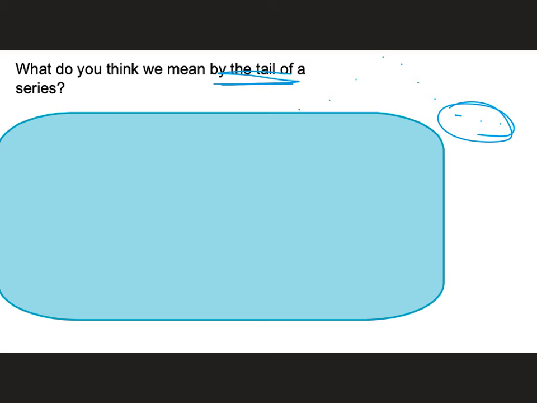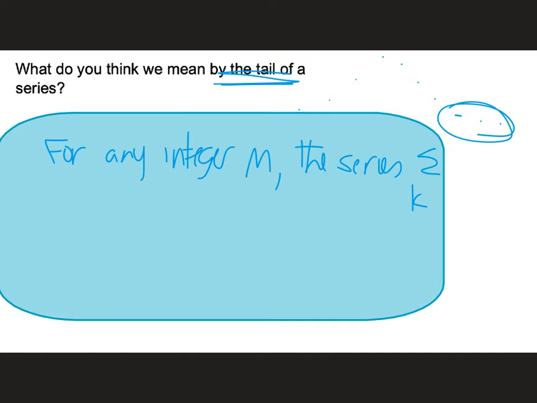So how your book talks about it is, for any integer, and they use the letter M, the series. So the series, remember this is a series, so it's a sum. And this series, and I'm going to pause, because now we got confusing.